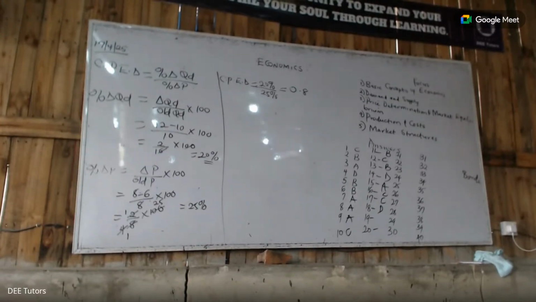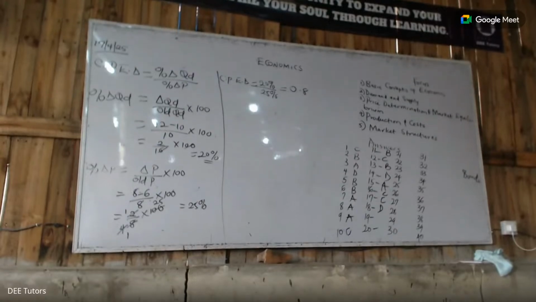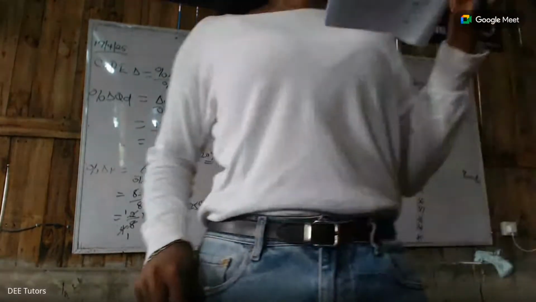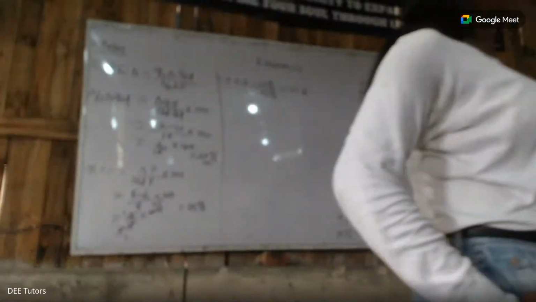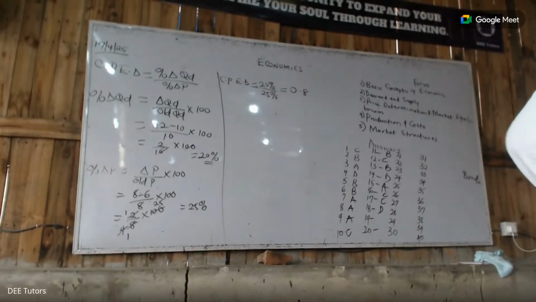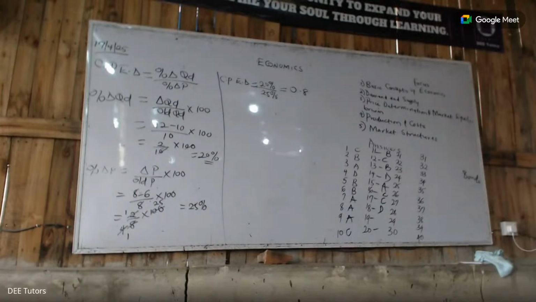All right, number 20. If the quantity of rice bought decreases from 250 tons to 200 tons, owing to a 2% rise in price, it shows that there is a change in dash.